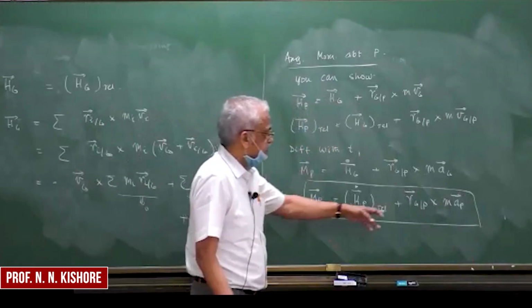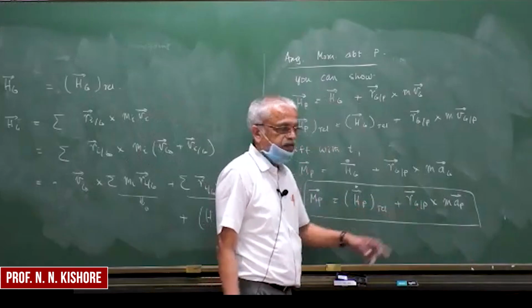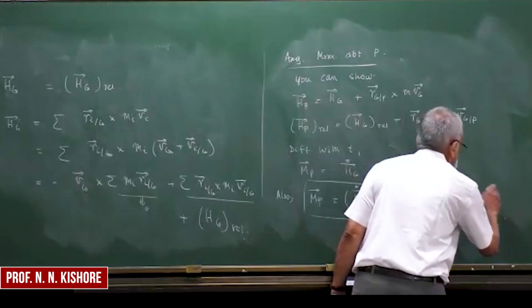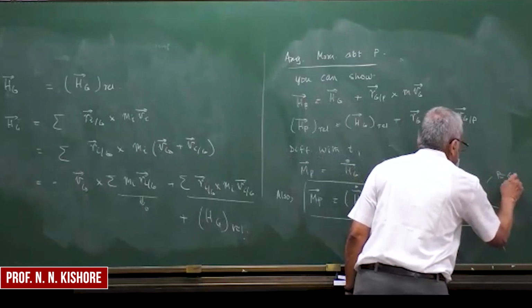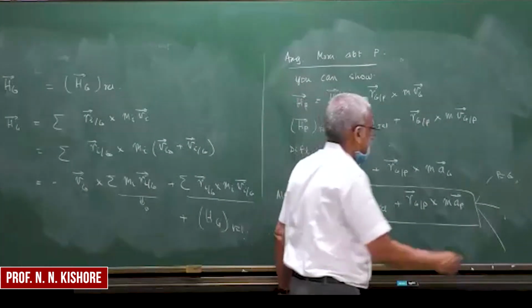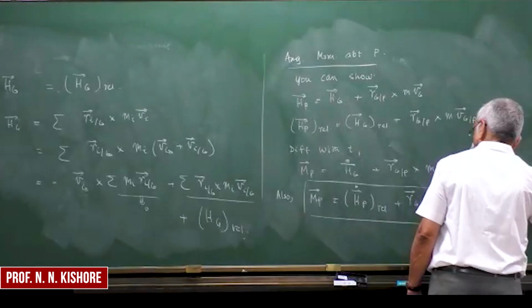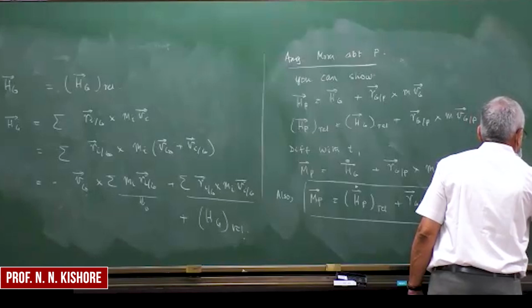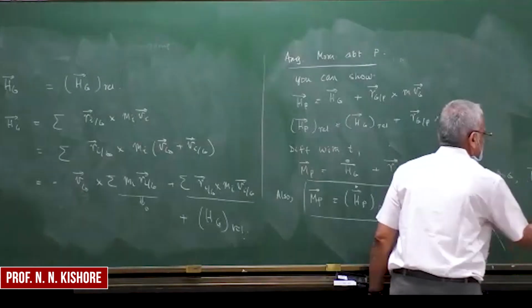For example, if P itself is G, okay, if P is G, what happens? Then RGP will be 0 and it simply becomes HP relative, right?